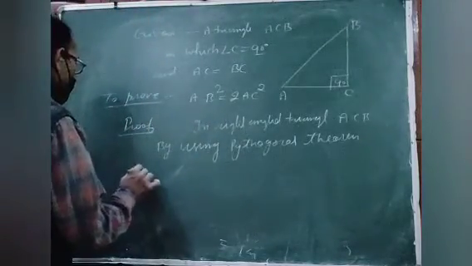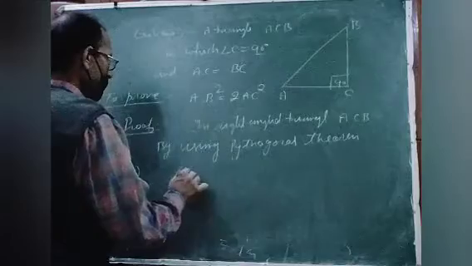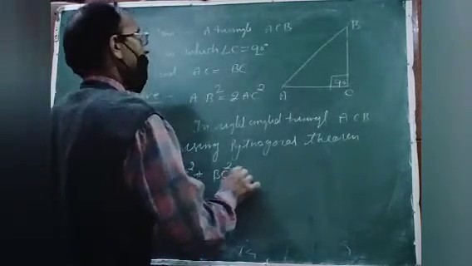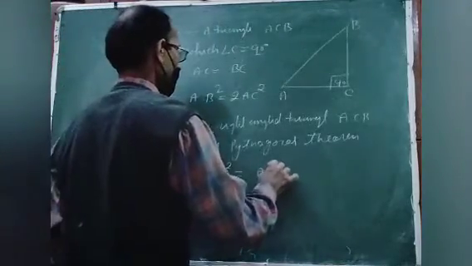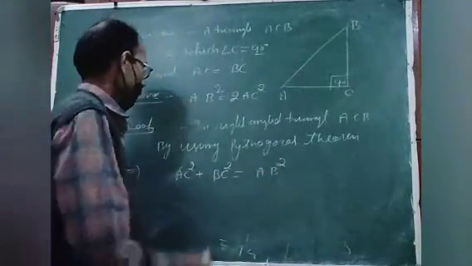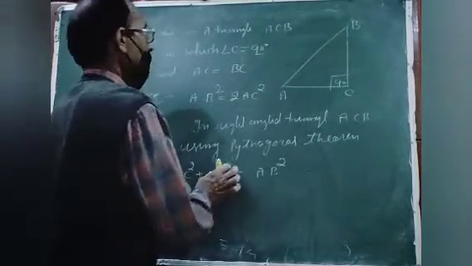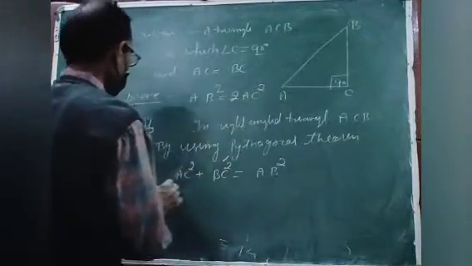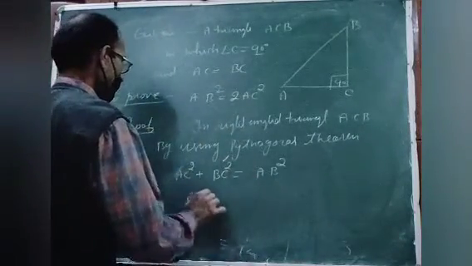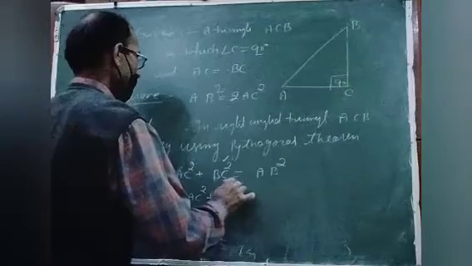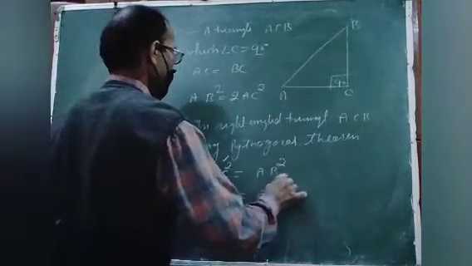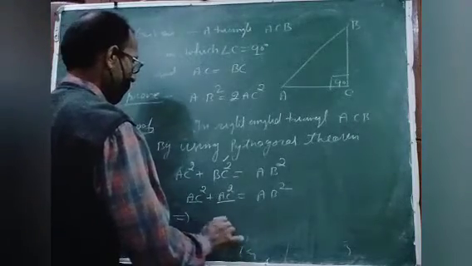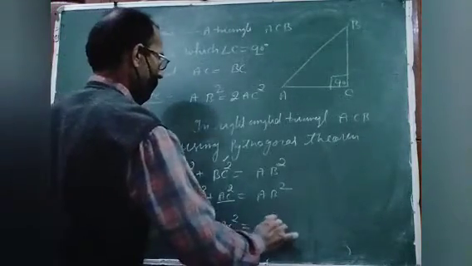So by using Pythagoras theorem, AC square plus BC square is equal to AB square. AC and BC both are equal, so you can write AC. So AC square plus AC square is equal to AB square. AC square and AC square becomes 2AC square is equal to AB square.